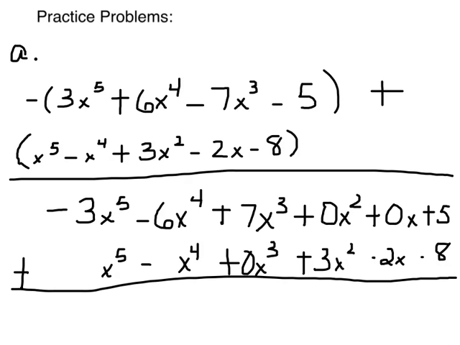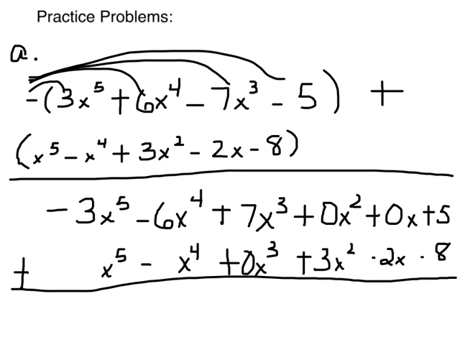Okay, so let's do our practice problems. Here we've got negative on the outside of this parenthesis, so we know that that is going to distribute over every term, and it changes every term. So let's write it out correctly. Negative 3x to the 5th, negative 6x to the 4th, positive 7x cubed.